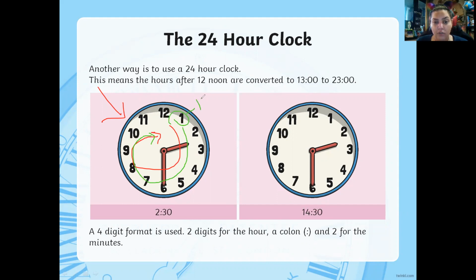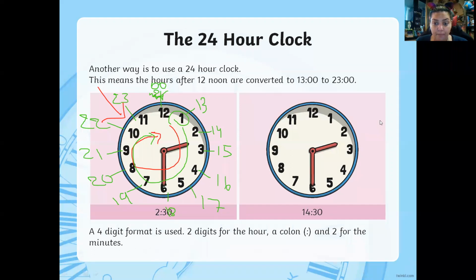It will change to 13, 14, 15, 16, 17, 18, 19, 20, 21, 22, 23, and here 24, or the day is starting again, so people write it 00 because we're starting over, right? Okay.